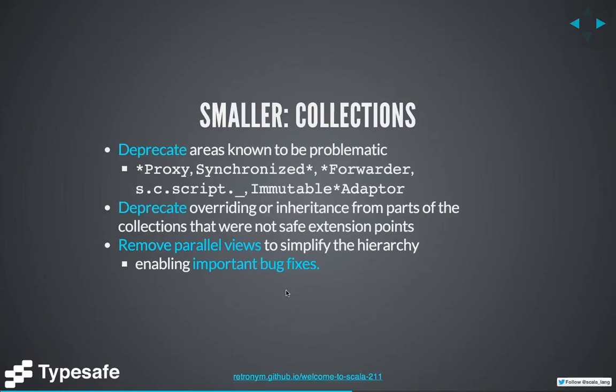We've taken the stance now in Scala 2.11 that we don't want more people to depend on things that we know are problematic. And along these lines, we've now deprecated a variety of proxy classes, synchronized versions of collections traits, forwarder classes, immutable adapters, and this framework for scripting actions over collections.